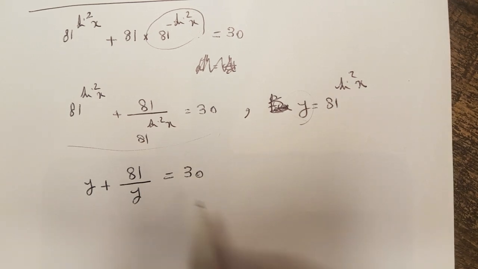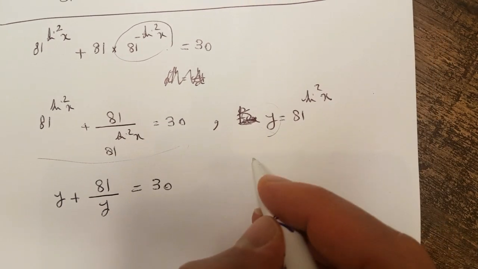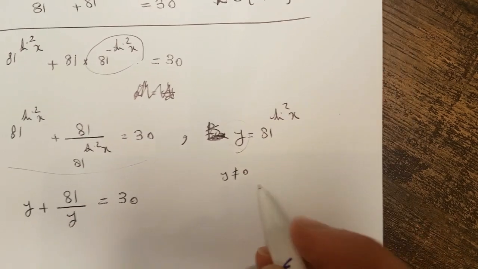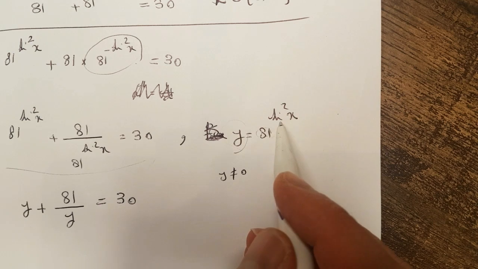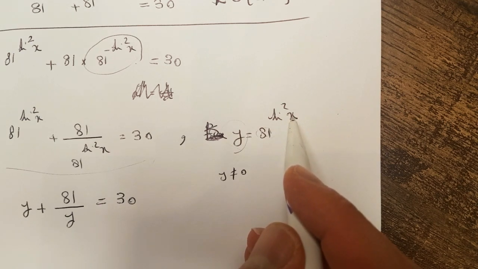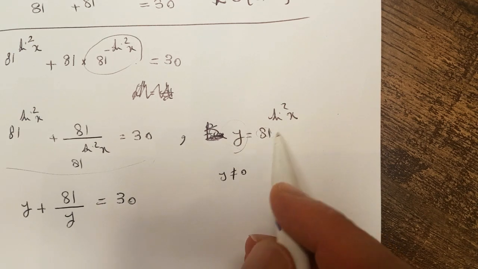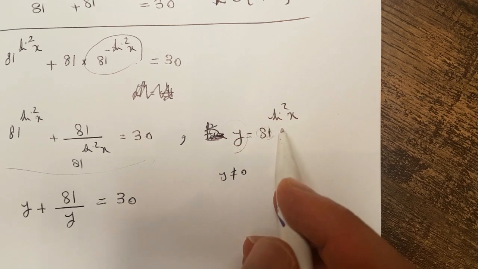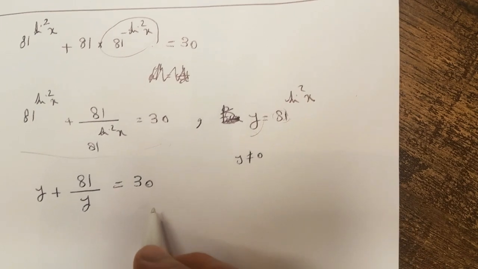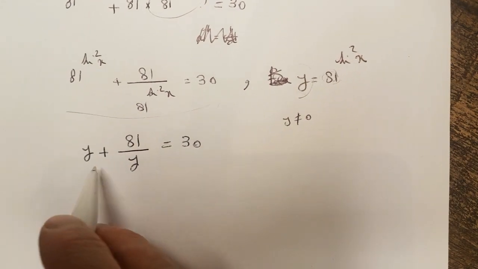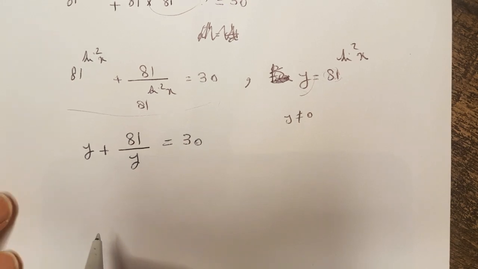We know that y cannot be 0 because any non-zero number raised to the power of any value cannot be 0. So we are allowed to multiply both sides of this equation by y.